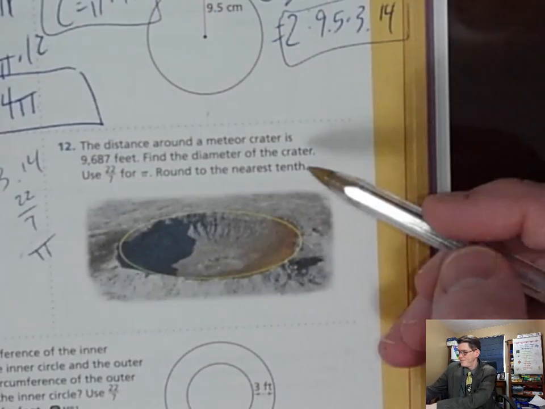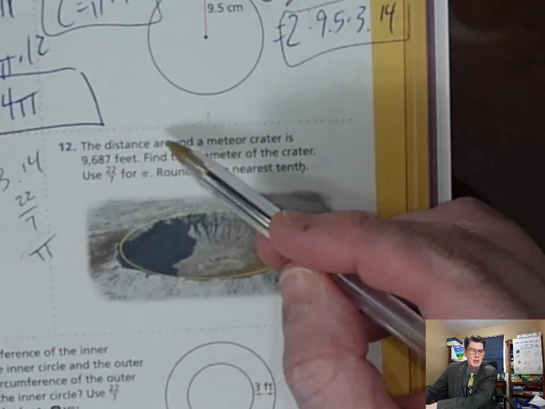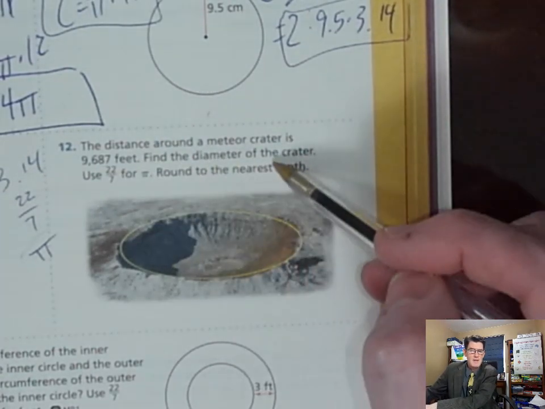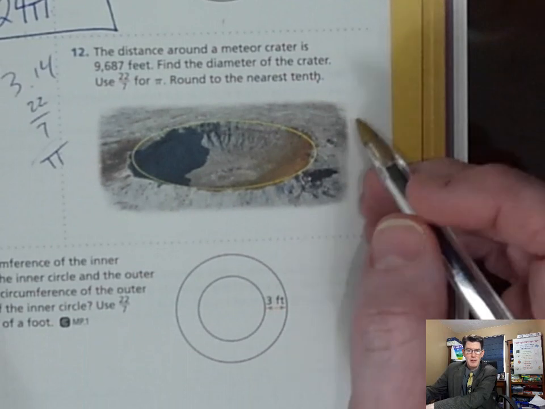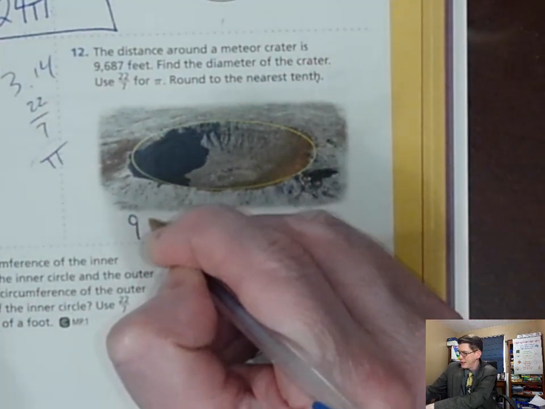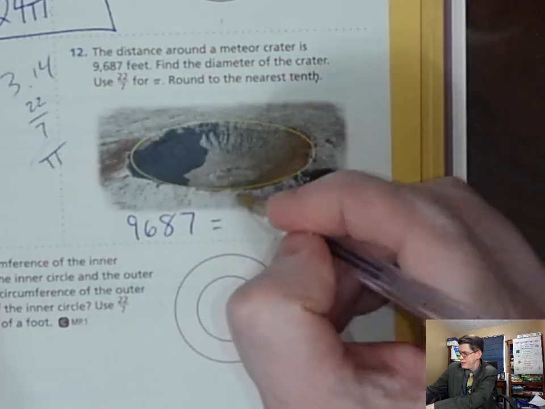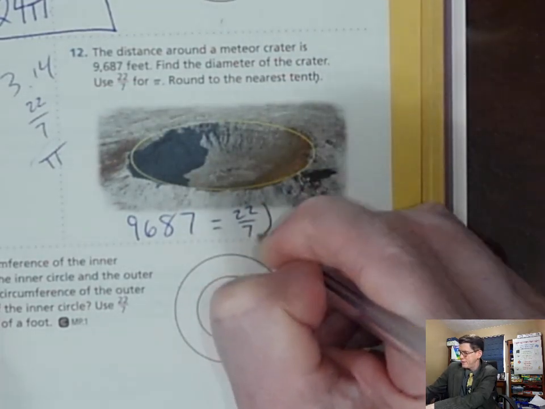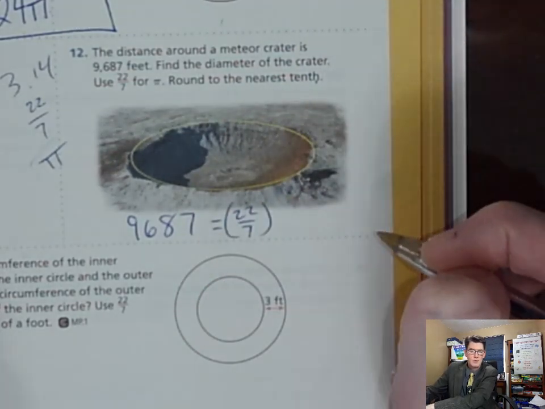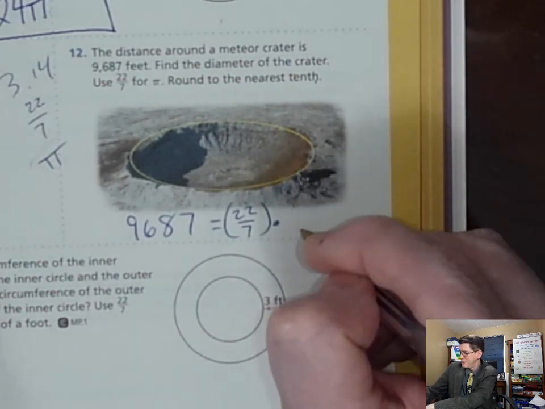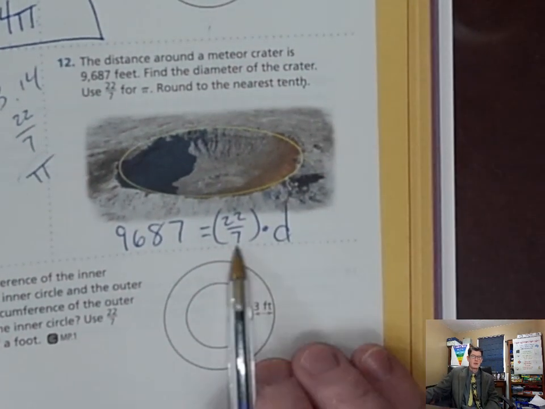All right. The distance around the meteor crater, so the circumference is this. Find the diameter. Again, same thing. The circumference, 9687. The circumference is pi, and they want us to use 22/7 times the diameter. So then solve that for d.